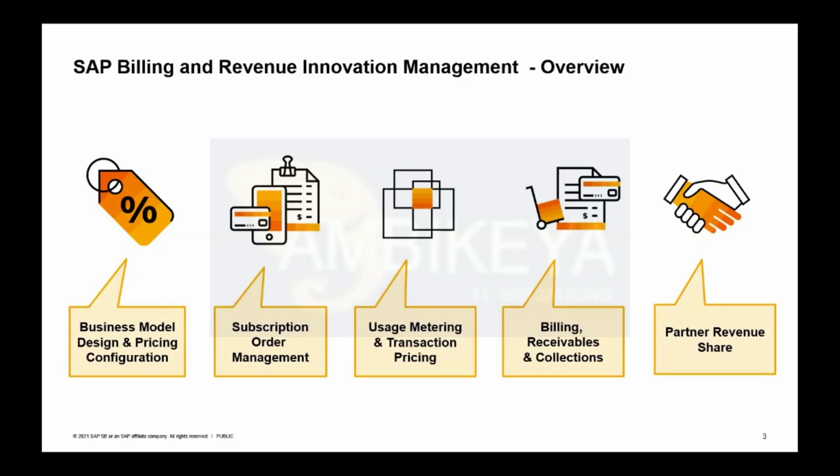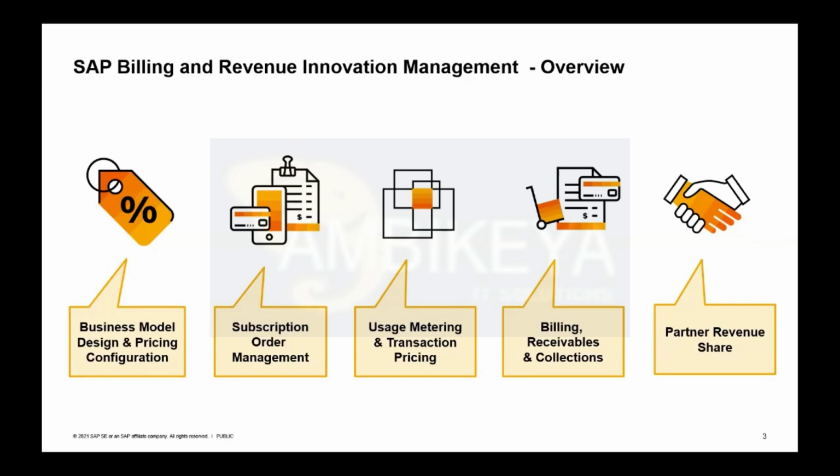BRIM, for Billing and Revenue Innovation Management, is the SAP solution to solve subscription and consumption business models. We have not only one function or one module. We have a complete solution that is built up out of different software pieces. The business model can be designed according to different industry needs.